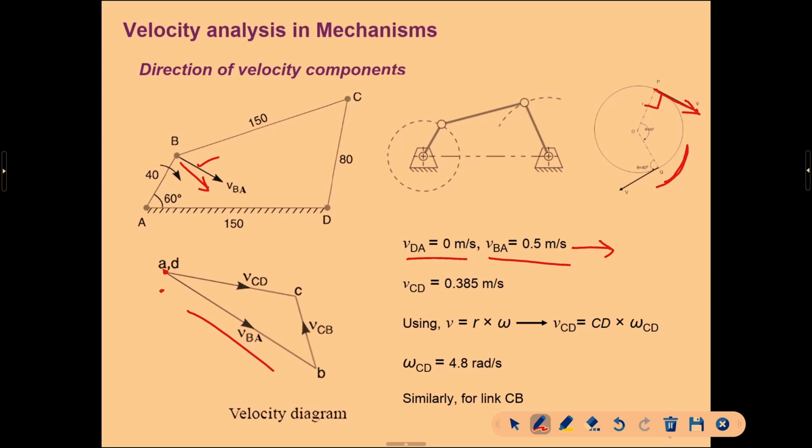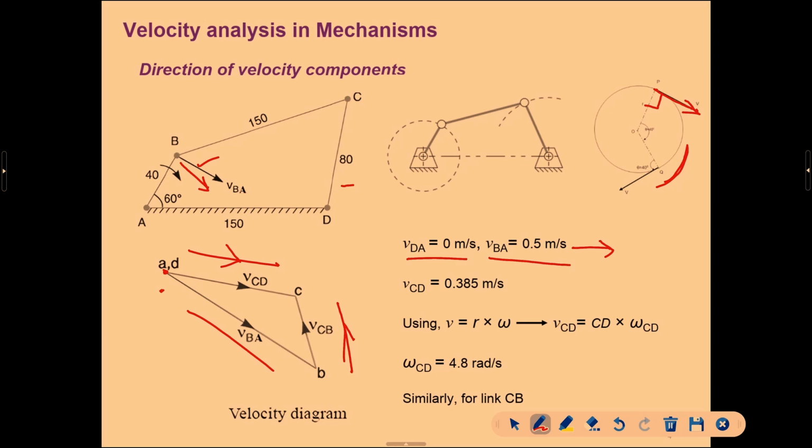Now, using the same concept as we have used for BA, from B in the velocity diagram, draw a line perpendicular to the link BC in the space diagram. Similarly, from D in the velocity diagram, to represent the velocity of CD, draw a line perpendicular to link CD.